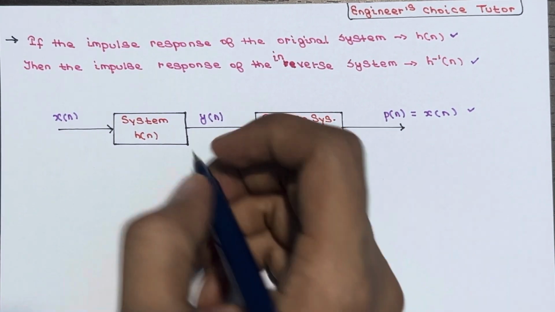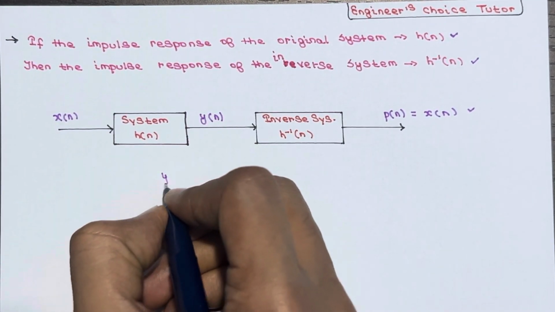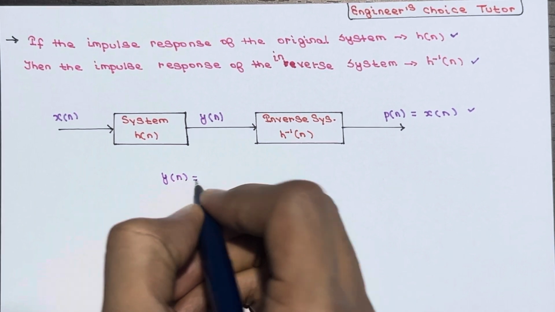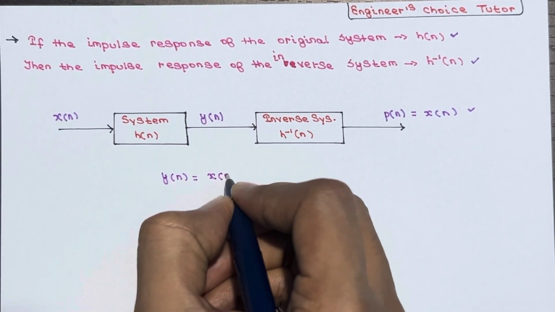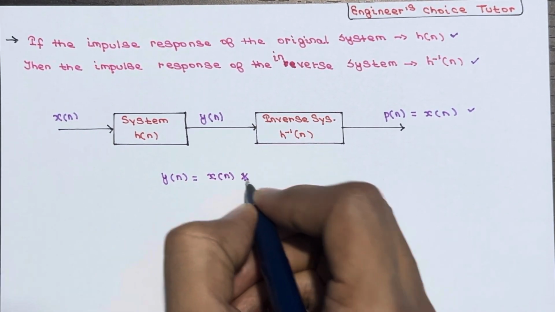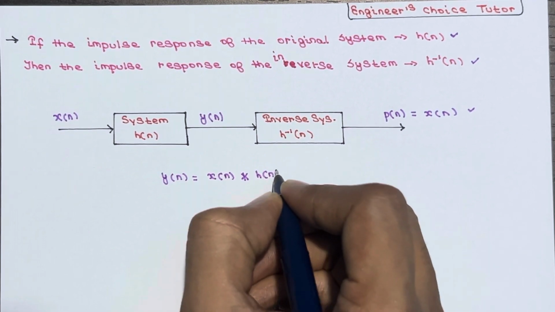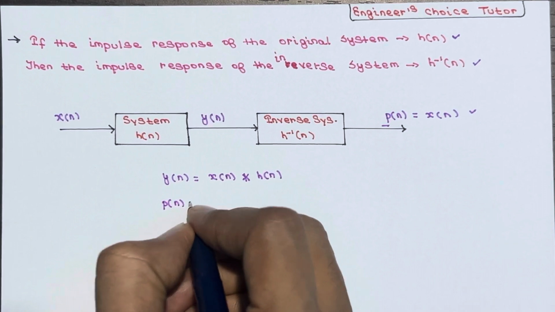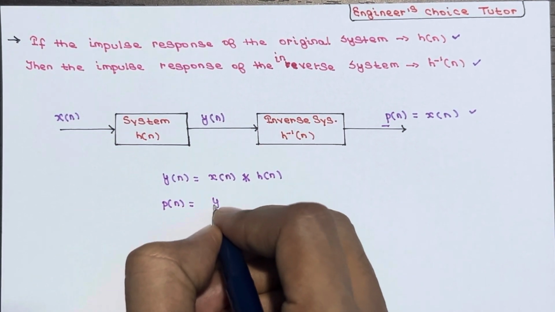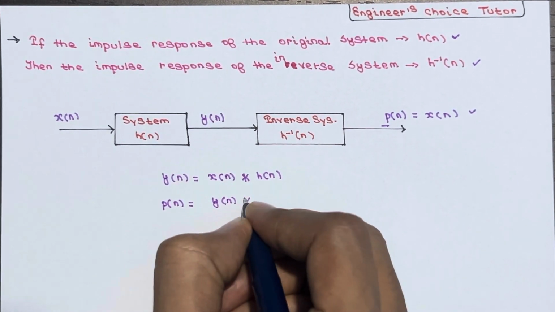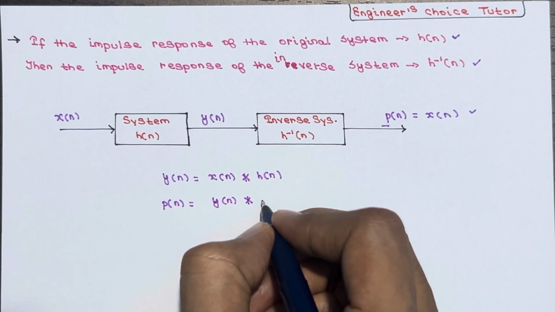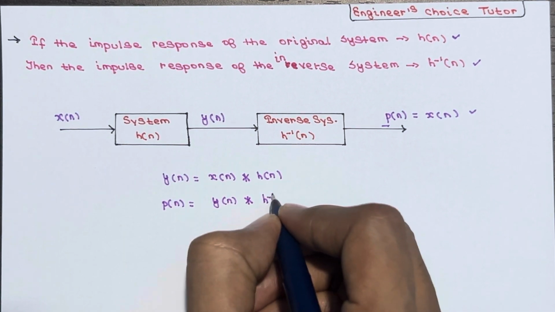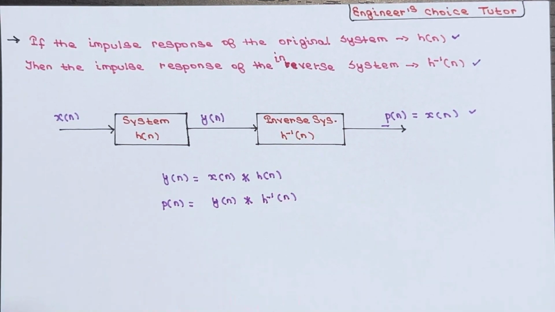then we can find that y of n is equal to the convolution of x of n and h of n, right? And p of n is nothing but the convolution of y of n and the inverse of h of n. Clear?